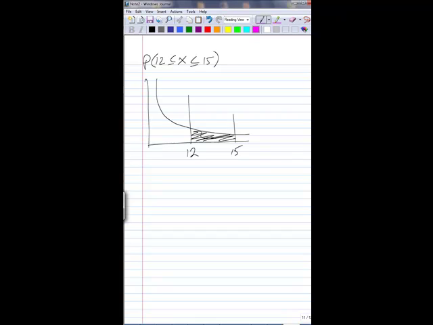So if I can find, using my basic formula, the probability of less than 15 and the probability of less than 12, and subtract the two, then I have this area which I'm interested in, which answers this question.